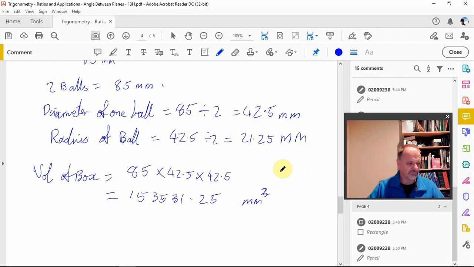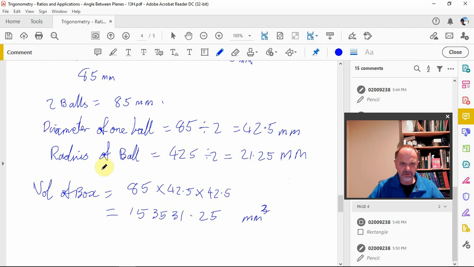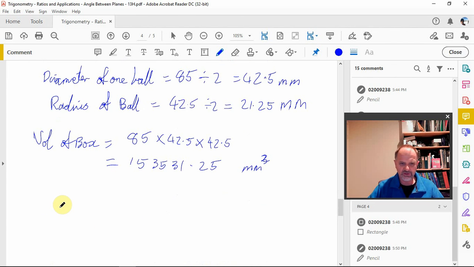That's right. So volume of the golf balls. Remember, we've got 2 of those. So the volume of the balls, 2 times the volume of one.